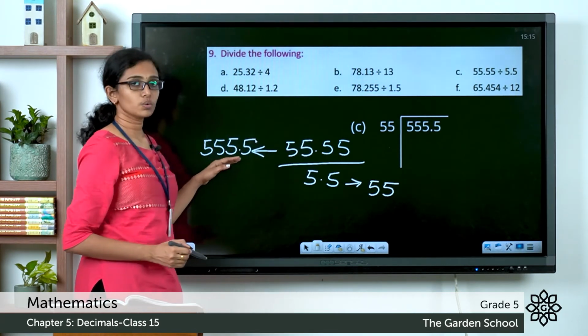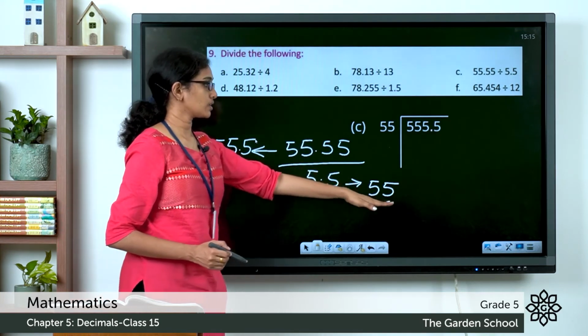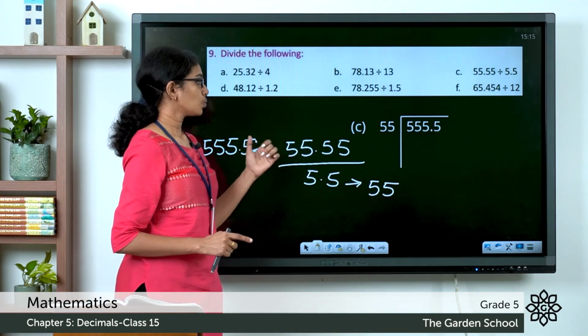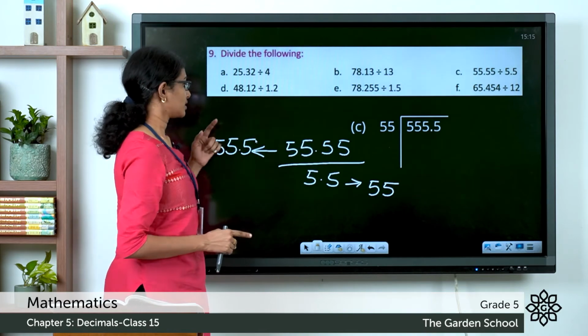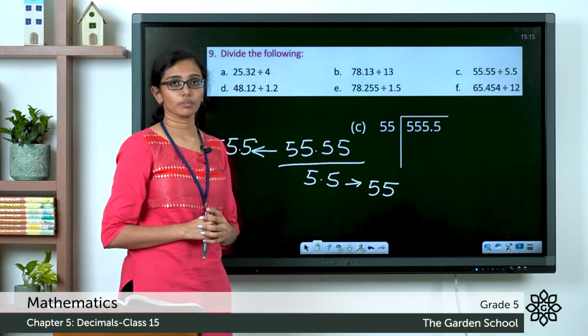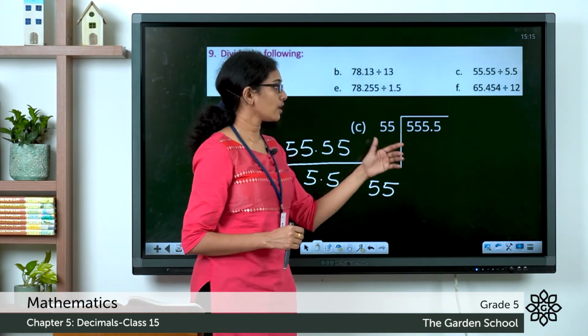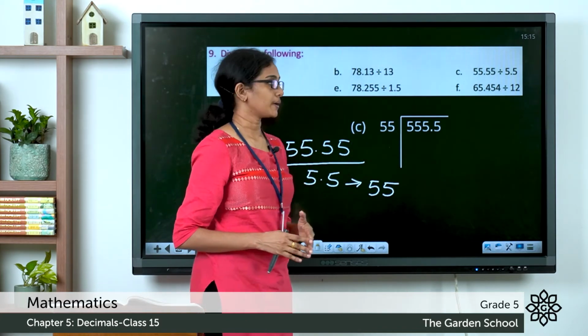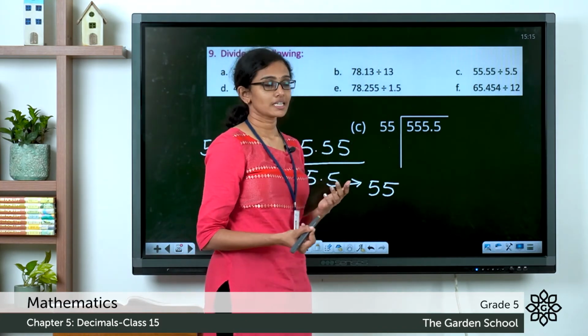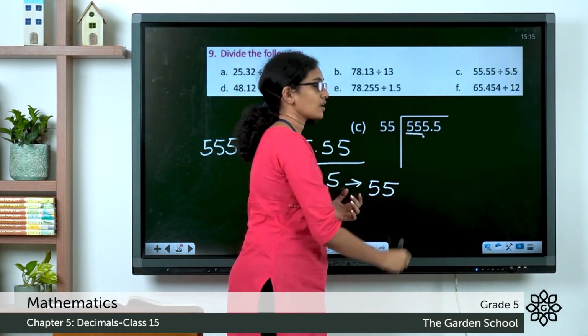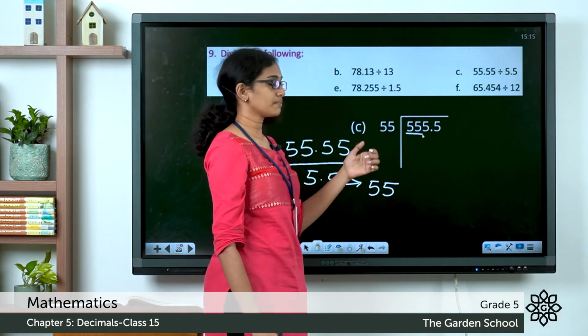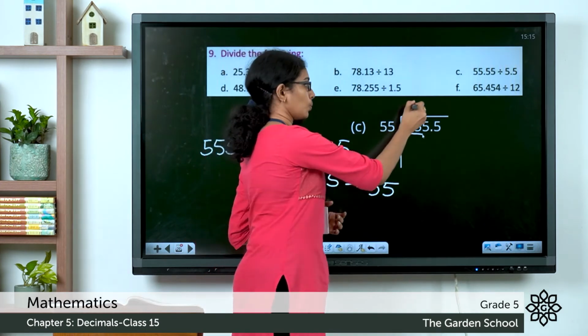So this is our new numerator and this is our new denominator. Now we have to do the division of this numerator and this denominator. So we have written here 555.5 divided by 55. We are dividing with a two-digit number. So consider the first two digits of the dividend. 55 divided by 55, which is 1.